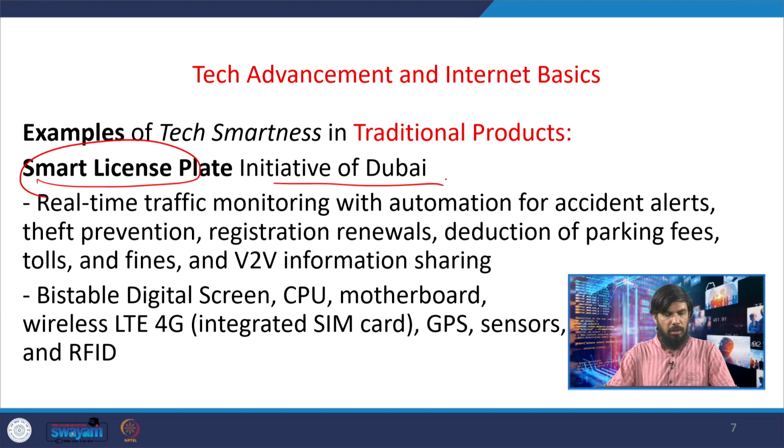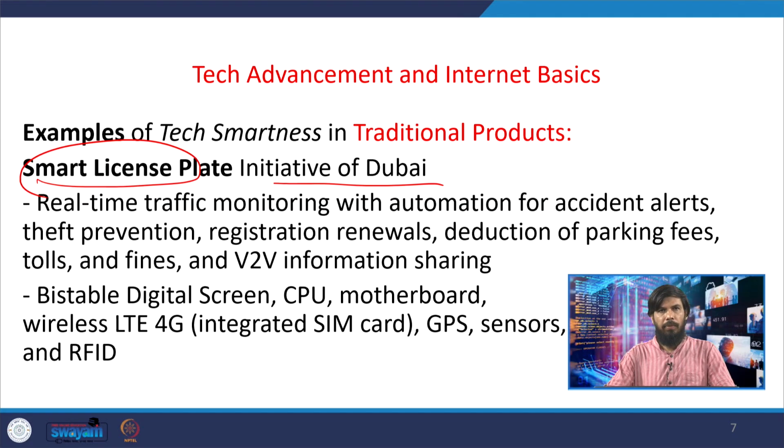So this is again for real time traffic monitoring with automation for various things that a government initiative might want to cover. So automation for accident alerts. The smart license plate will have sufficient computing mechanisms to detect the accident, and then sound alerts for that. So accident alerts, theft prevention.